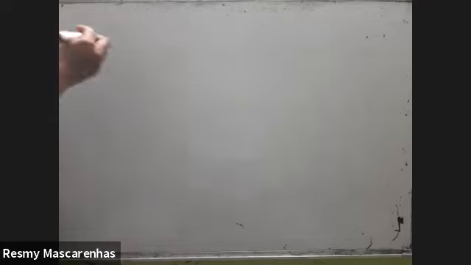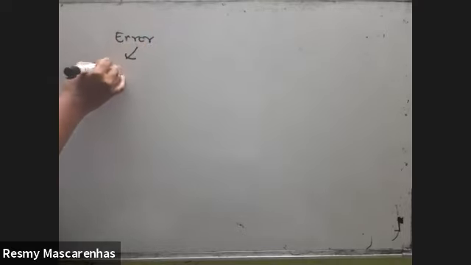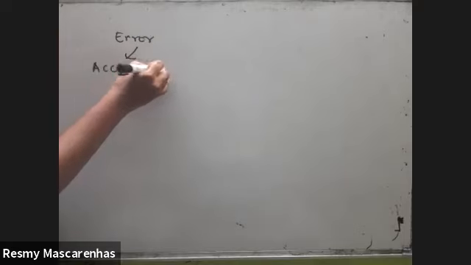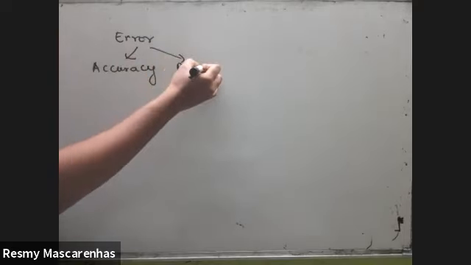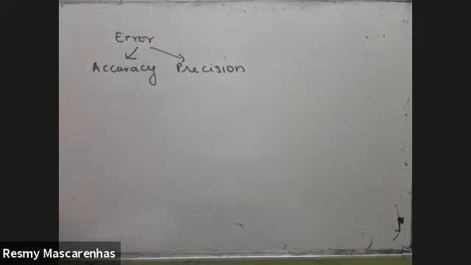Then the next two terms based on errors which you want to know are accuracy and precision. Accuracy and precision, I'll quickly explain.